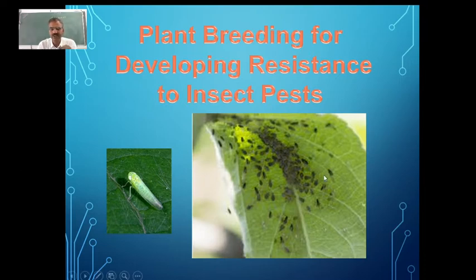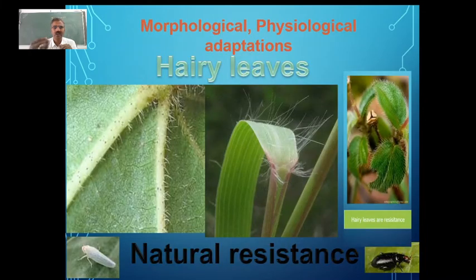So let us see how plant breeding can be used for developing resistance to these insect pests. Naturally, many plants have their own mechanism, either structural, that is morphological, or physiological, which is also called biochemical adaptations.